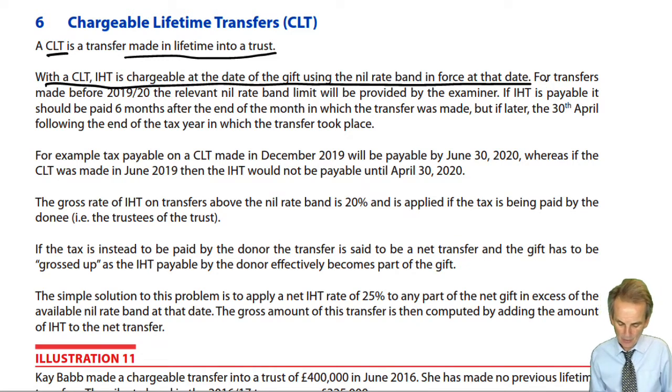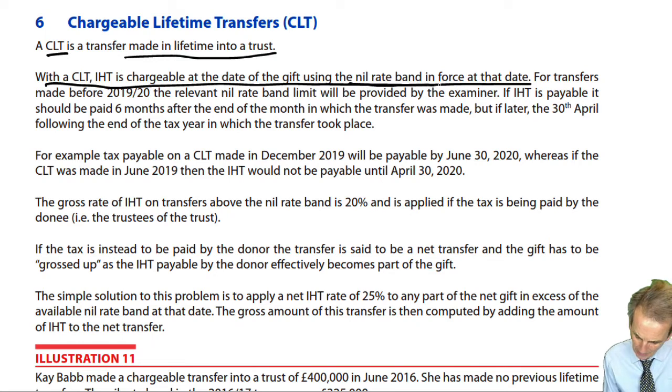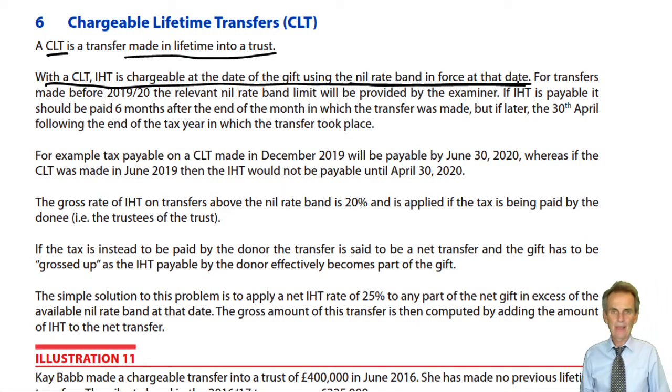Now, we talk about here using the nil rate band in force at that date. Our nil rate band of 325,000 we've had for 10 years. It's been there since the 2009-10 tax year. You'd have to go back to the 2008-09 tax year to find a nil rate band that is actually less than 325,000. Now, although you may think, well, that's more than 7 years ago, so it wouldn't be relevant, actually, what we're going to discover in discussing these CLTs is that it could still be relevant.